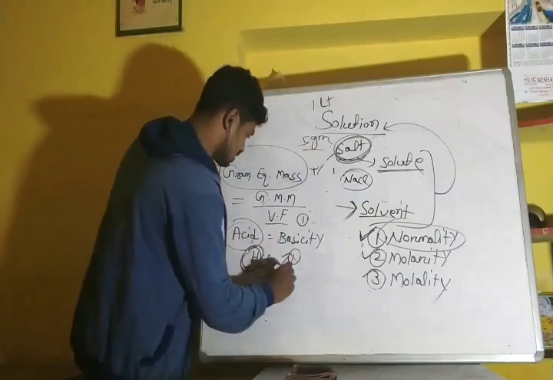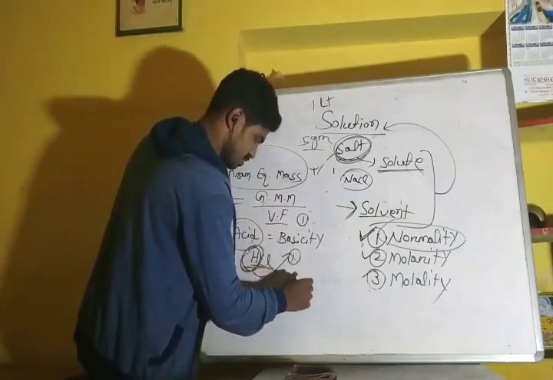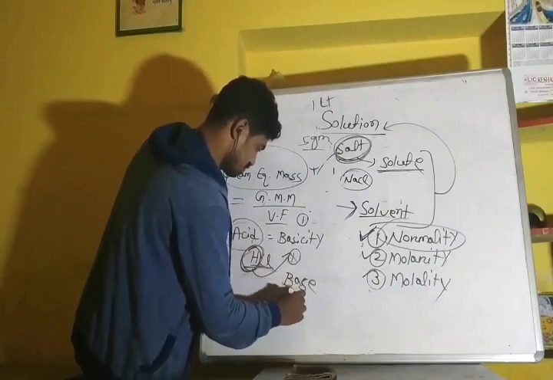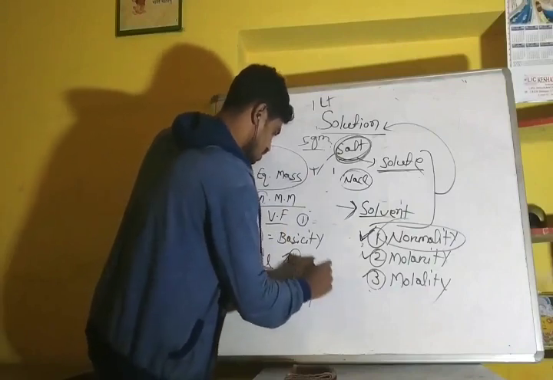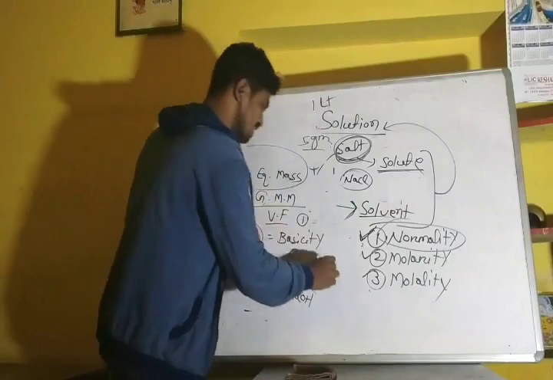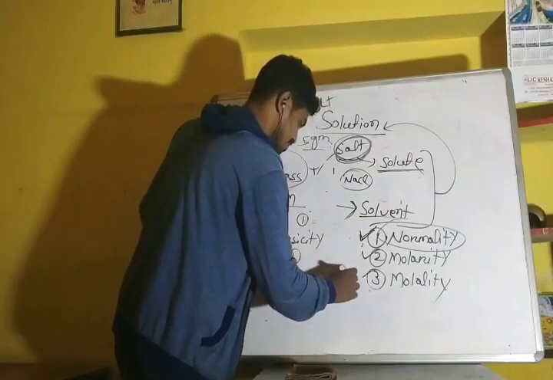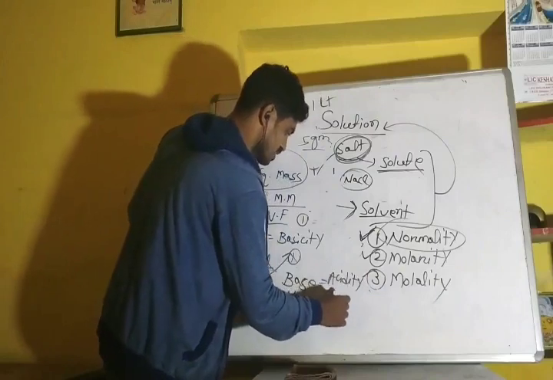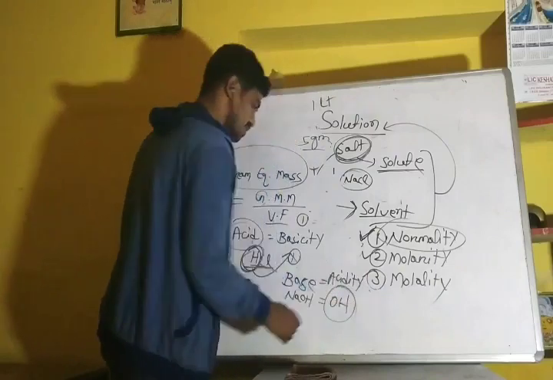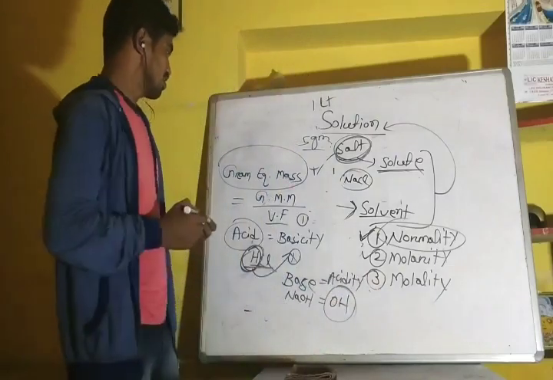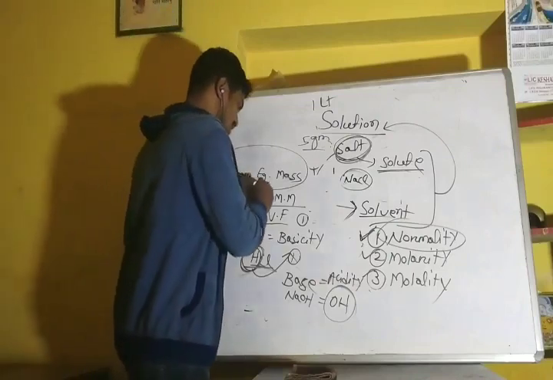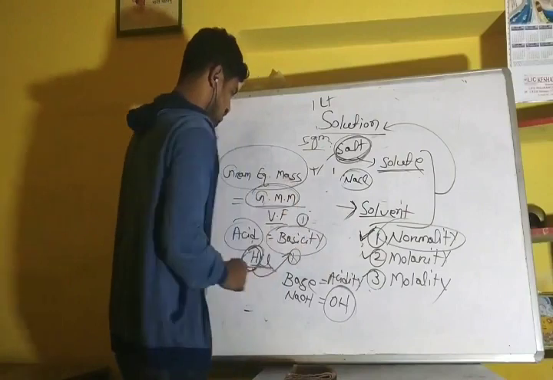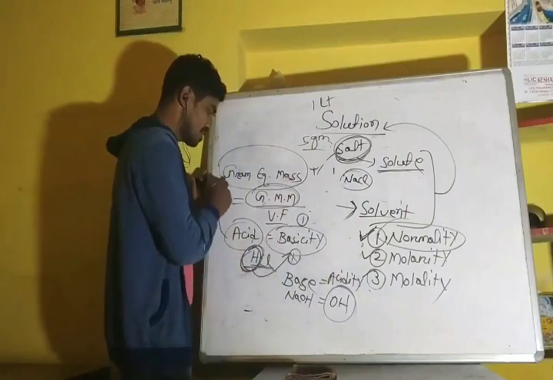Again, for a base, suppose an example of the base NaOH, the VF factor is acidity, that means the number of replaceable OH minus ions, that is hydroxyl ions. So if we divide the molecular weight by basicity, we find the gram equivalent weight of an acid.